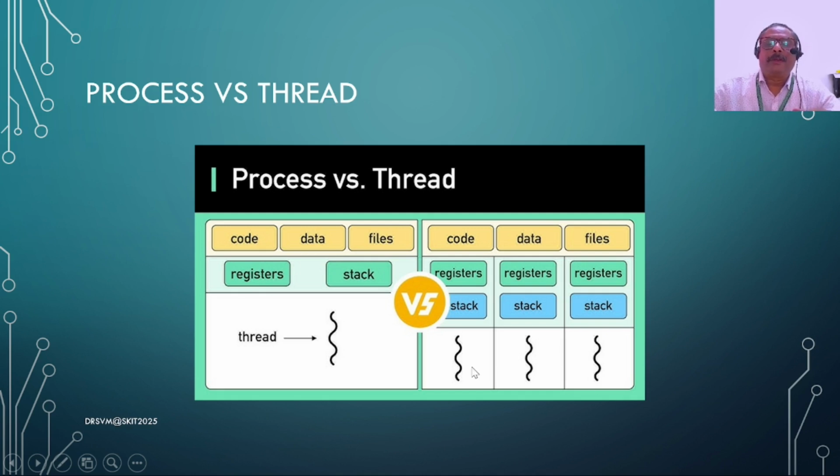So user 1 may use thread 1, user 2 may use thread 2, user 3 may use thread 3 for the same process. That means the same code and the same data will be used. This part is common for all the threads, whereas each thread has these other components separately. So that is what a thread is.